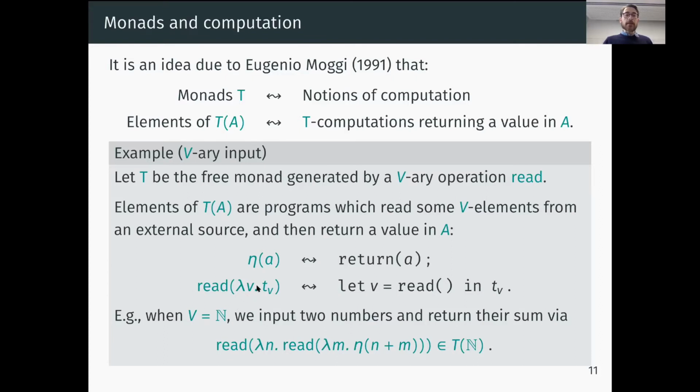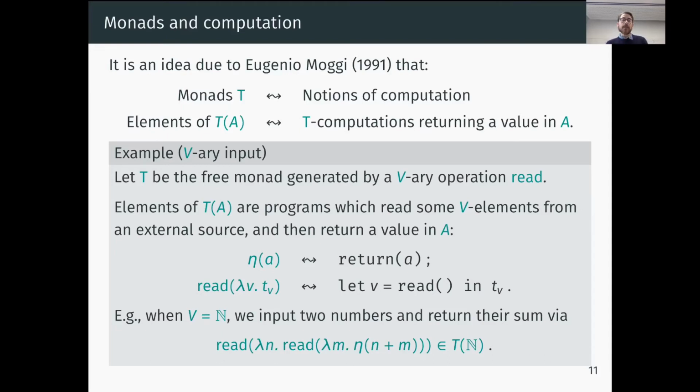And I'm writing it using this lambda notation, which again comes from computer science. So this is just the function which, when given little v in big V, returns t_v in T(A). Okay? So this is a compound term. And the program it corresponds to is one that first reads a value and then binds that to the identifier v and then continues as t_v. Okay?